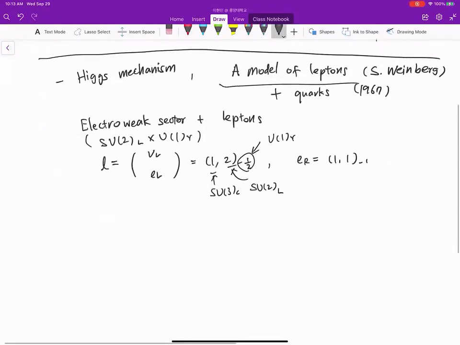And we have the Higgs doublet. The Higgs can be written as composed of 2 complex scalars with the gauge quantum numbers given by this one.